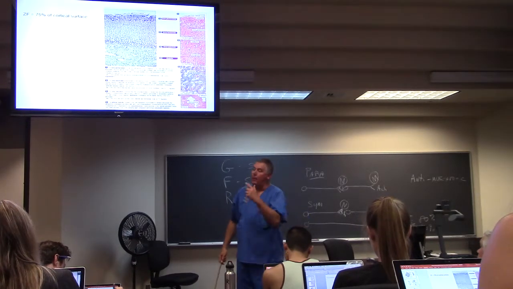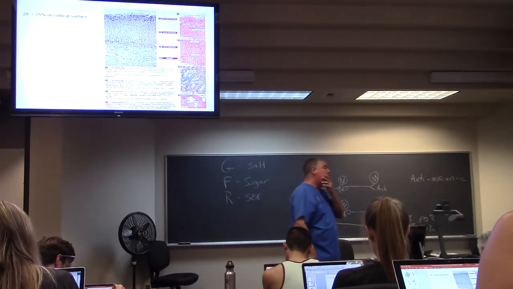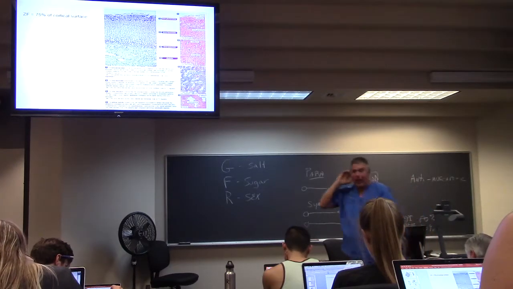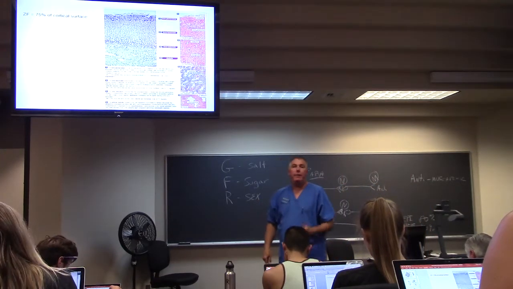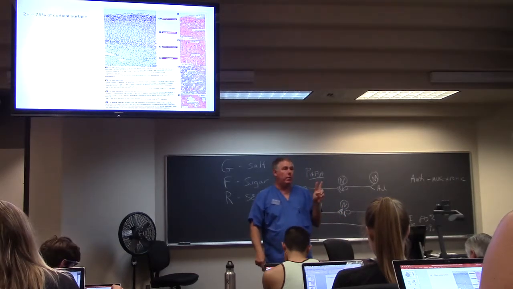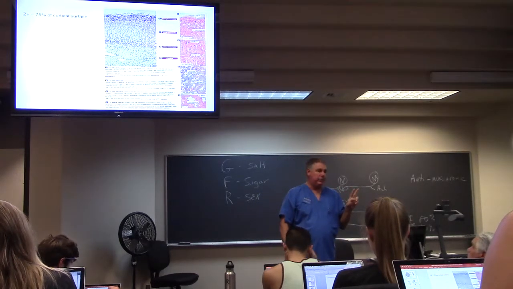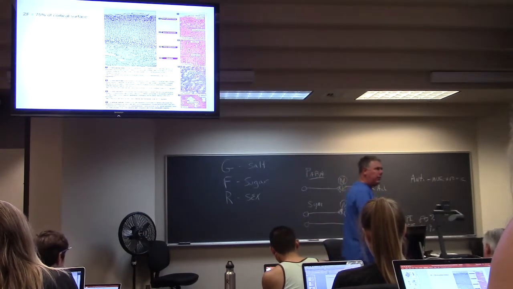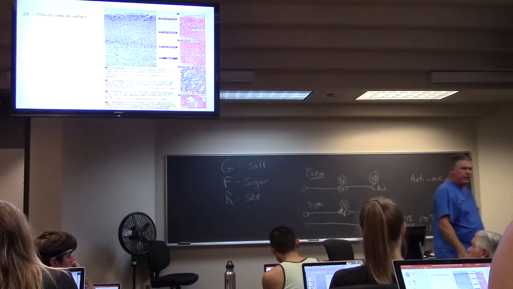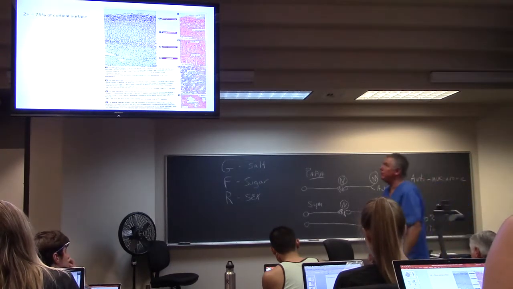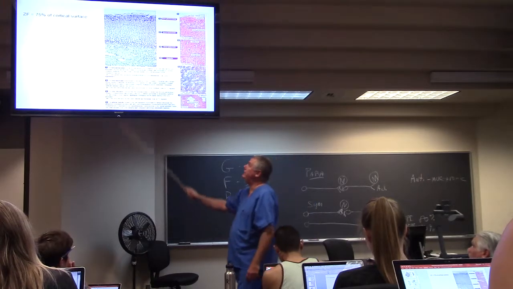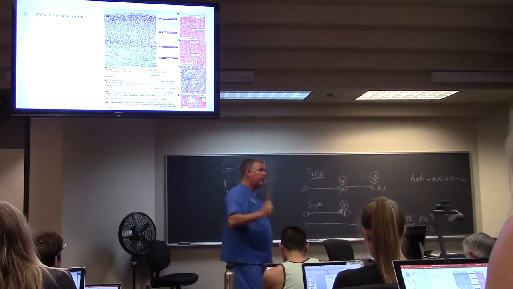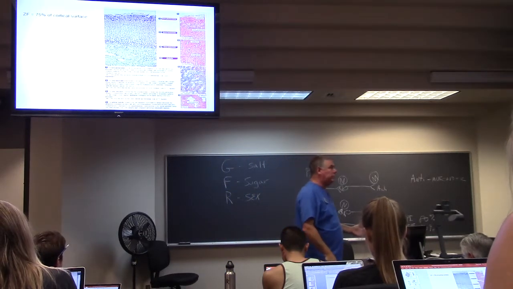If you go back up to the top, the glomerulosa, those cells secrete aldosterone under the influence of angiotensin II and ACTH from the pituitary. Anterior or posterior? Anterior pituitary, ACTH. The fasciculata is going to be secreting cortisol, glucocorticoids.